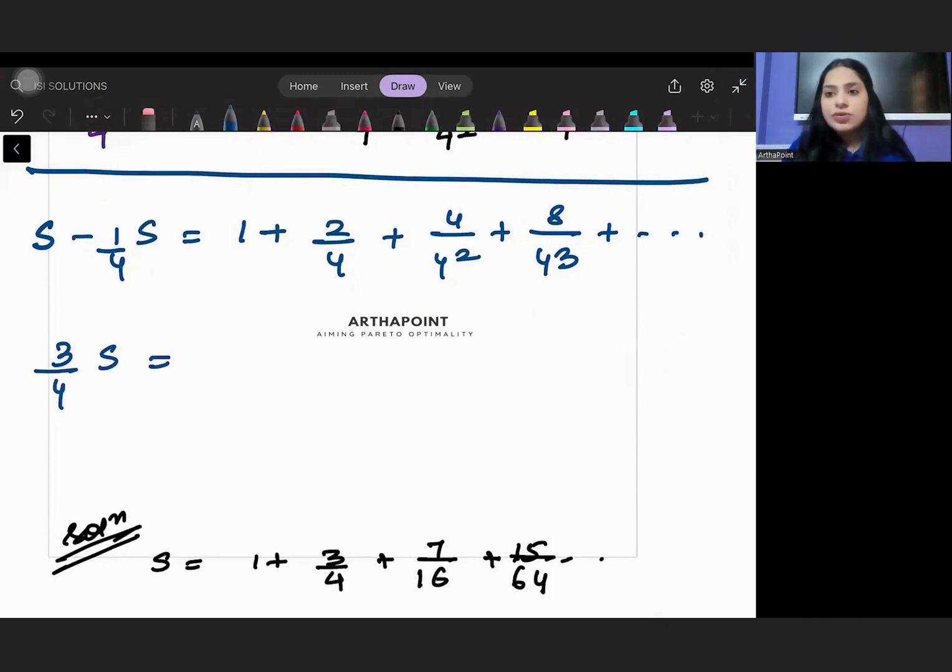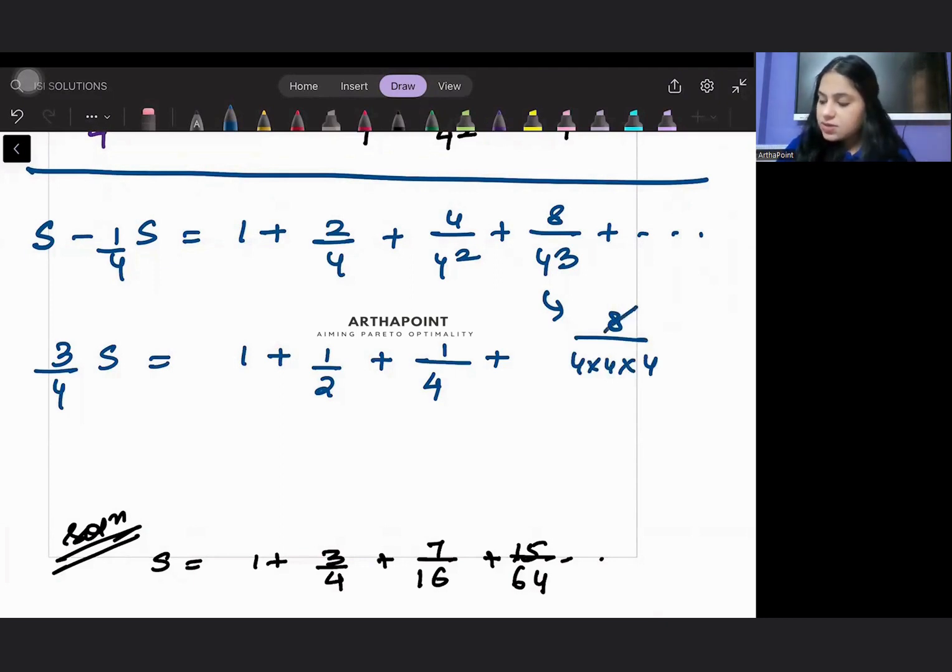And now if you look into the right hand side, this is 1 plus half plus 1 by 4 plus, so this is 4 into 4 into 4, so this part is 8 upon 4 into 4 into 4. Am I clear with it? So this is nothing but 1 by 8, so this will give you plus 1 by 8 plus 1 by 16 and so on.